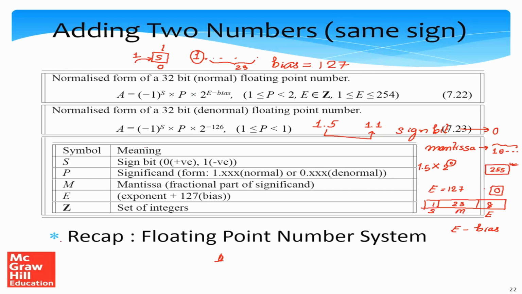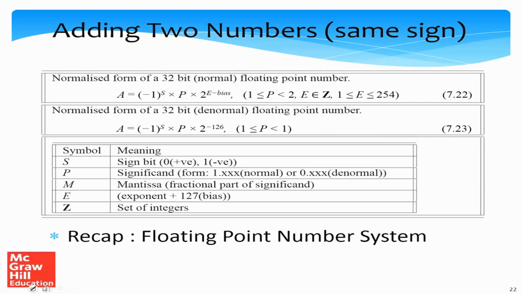I'm not discussing these things in detail here because I've already spent a lot of time on these issues in chapter 2. But let me summarize the information that we require. Any floating point number can be expressed in a normal form, where it will have a sign bit which determines the sign of the number. Then we'll have a significand which is of the form 1 point, then 23 zeros or ones.